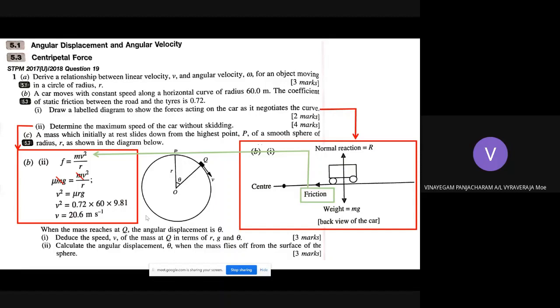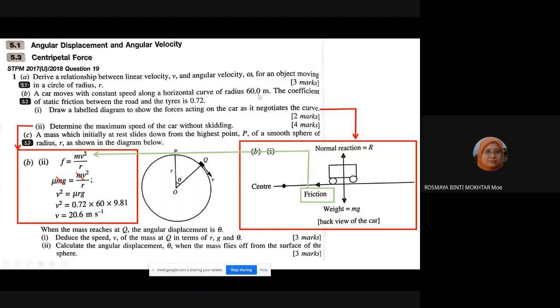Is that still considered okay? How to get the final answer? You refer to the data or the information given. So you look at the largest and the smallest significant figure. The smallest significant figure here is 2, and the largest is 3.